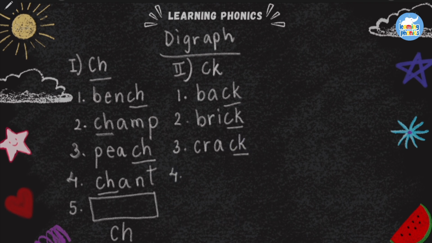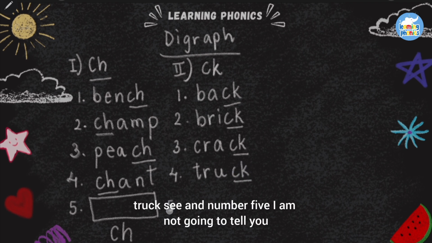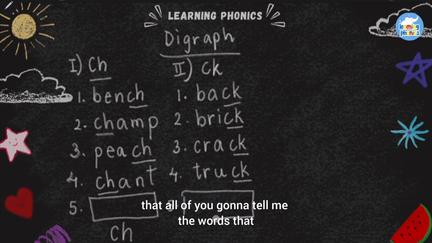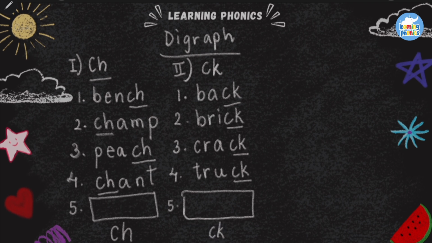See? And number four we will take a different one, that is truck. See? And number five, I am not going to tell you because I am sure that all of you are going to tell me the words that have the CK letters which make the sound.